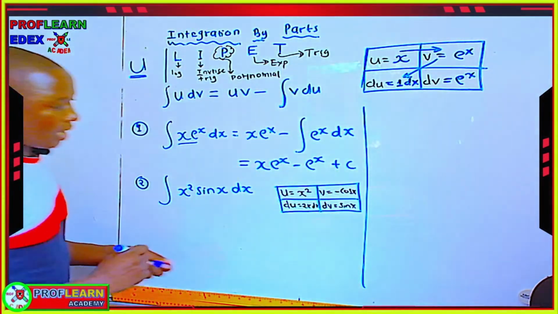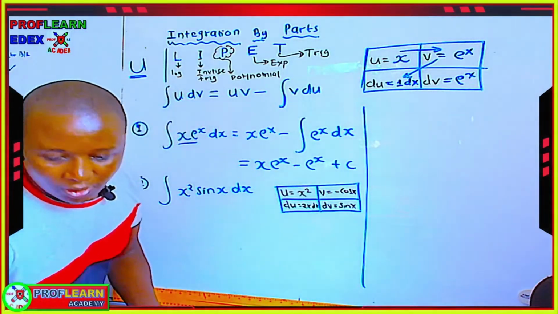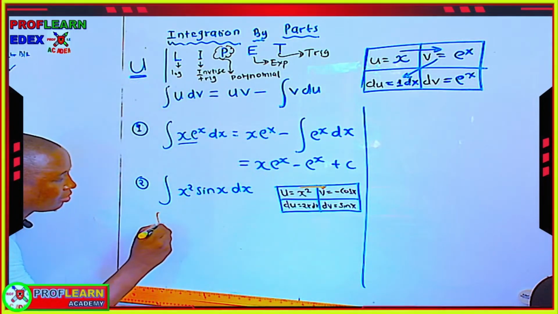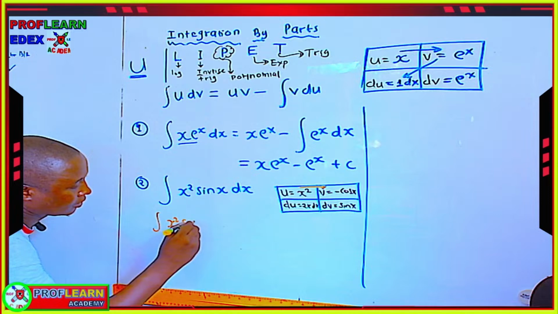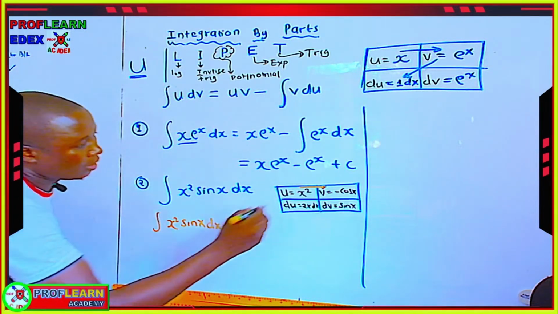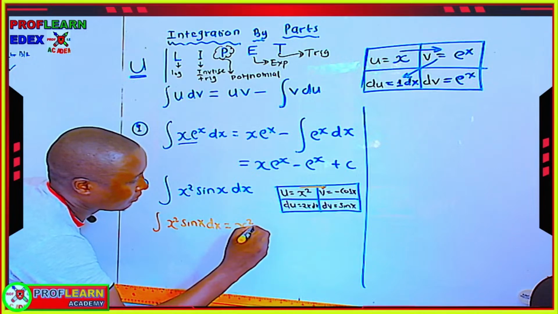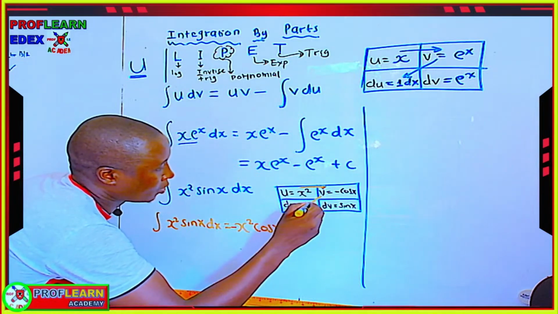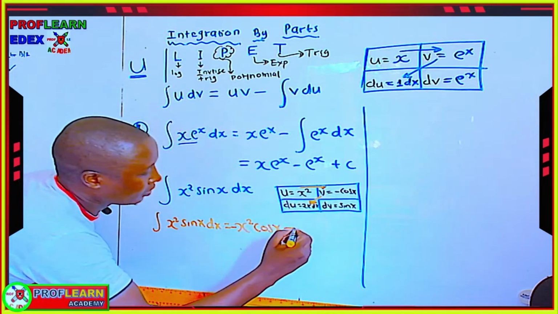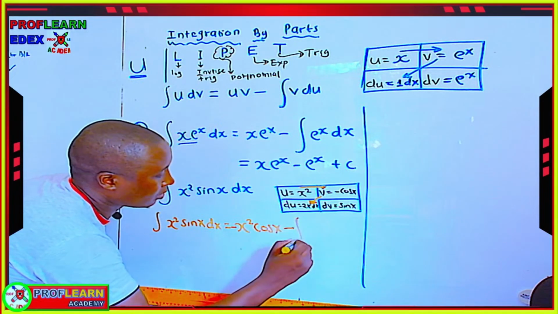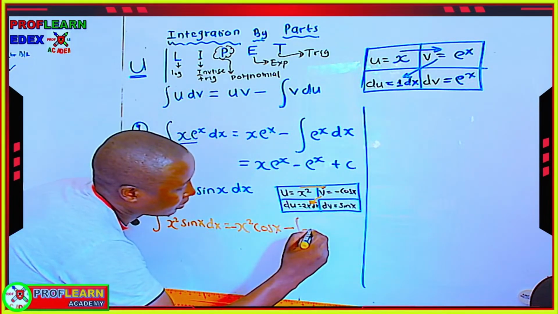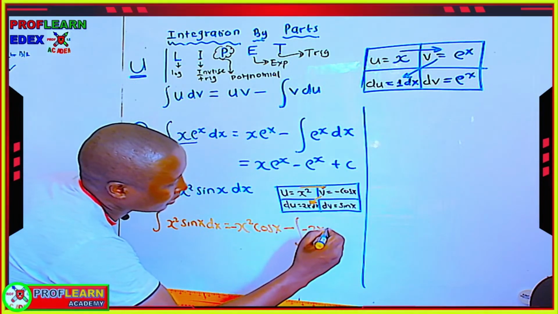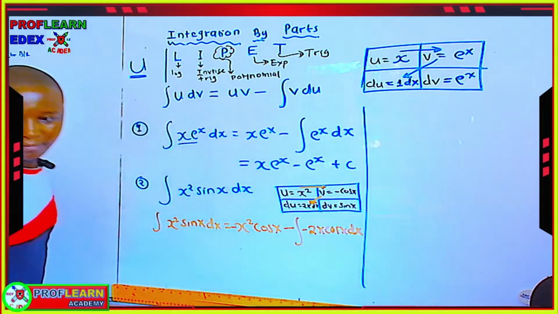And on this point here, we are going to multiply across, and we're going to say that this integral of x squared sine x dx is going to be equal, multiplying across, to x squared negative cos x minus, because we shall be multiplying diagonally here, negative cos x times 2x, and because this is 2x and this is negative, it will be negative 2x cos x dx, like that.